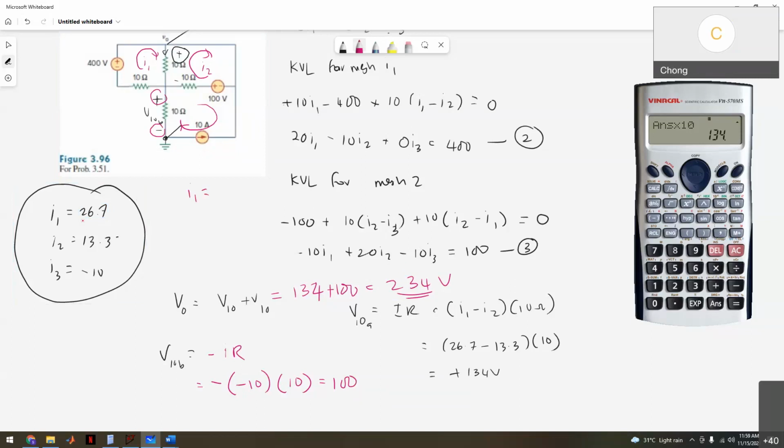Okay, what is your answer, I1, for example? 16. Oh, 16. I2 is 8. I3 is negative 10. Yeah, 10. Okay.